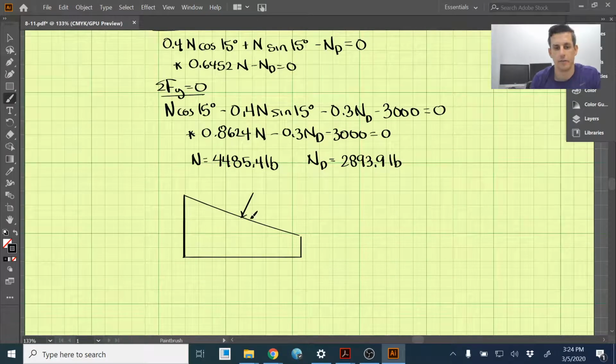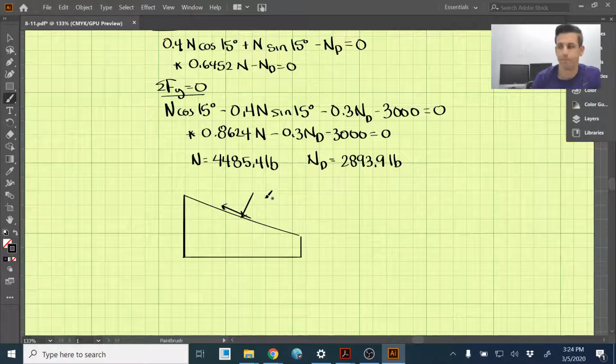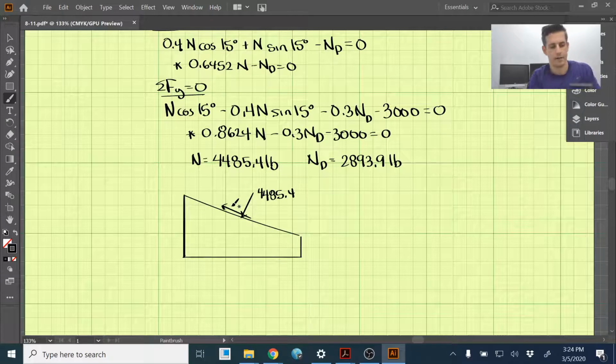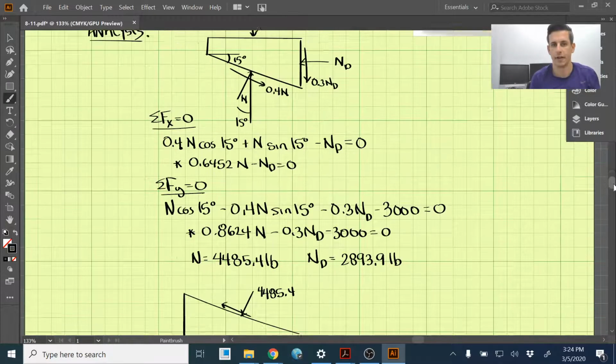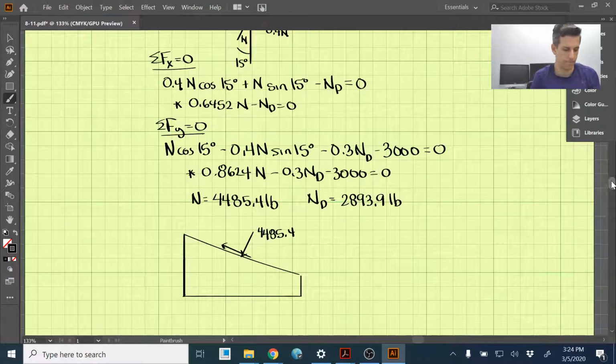And then our frictional force here is going to be placed to the left. So we have 4485.4 as our normal force, times our coefficient of friction between them, which is 0.4. We know that this is 1794.2.